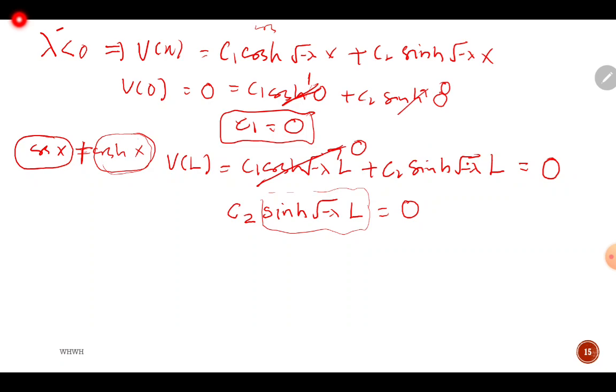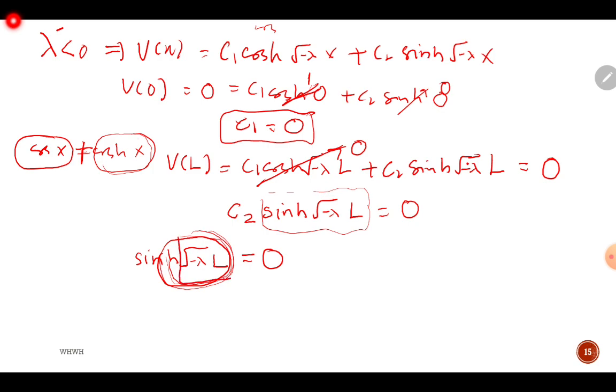Alright, so dari sini kita check, if sinh root of minus lambda L equals to 0, maknanya benda yang ada dalam ni should equals to 0.